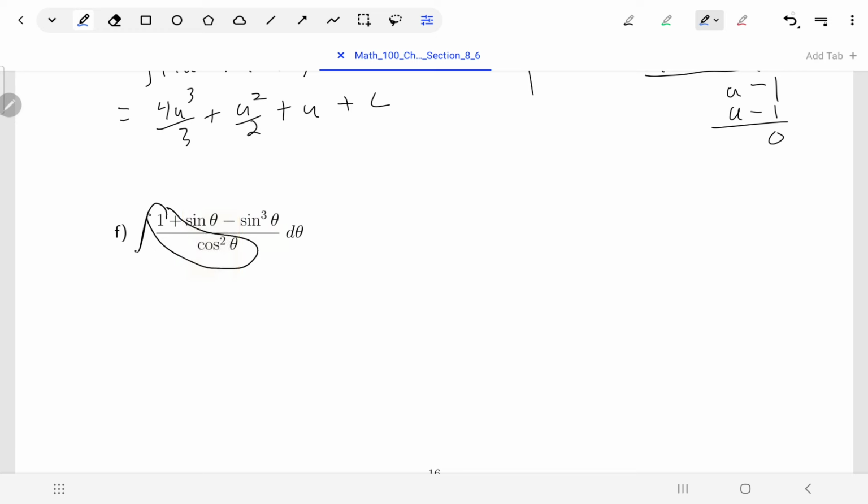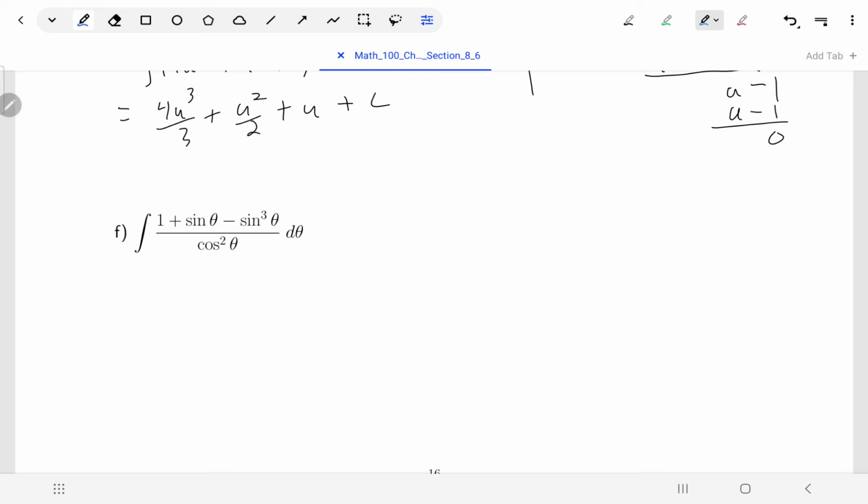I could split it up into 3 terms that way. Some of it would be fine. 1 over cosine squared, that would be secant squared. I could deal with that. Sine divided by cosine squared, you could show that that's the same thing as secant times tangent, which again, that's fine. But then we run into a problem with that last bit, the sine cubed over cosine squared.